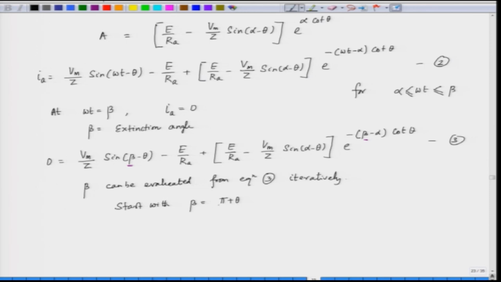So, start with beta equal to pi plus theta, then evaluate the final value of beta so that equation 3 is satisfied. This is how we find the extinction angle.